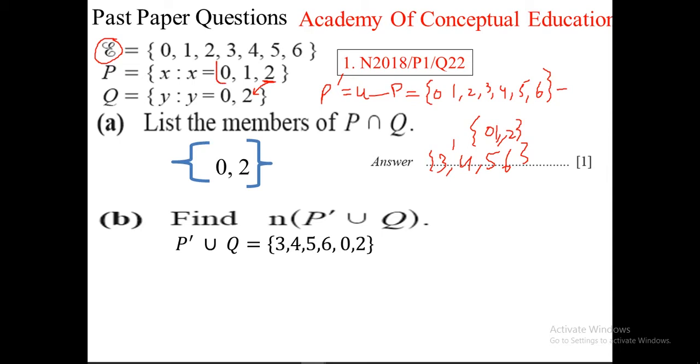These three are the P elements, so 0, 1 and 2. We will subtract 0, 1 and 2 from the universal set, and we will get 3, 4, 5, 6.